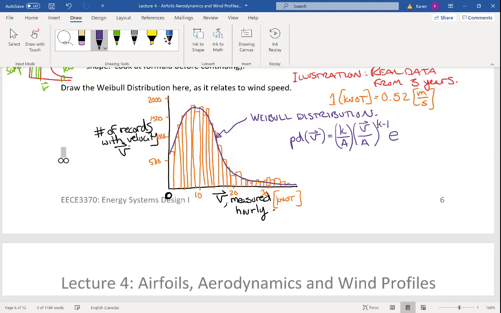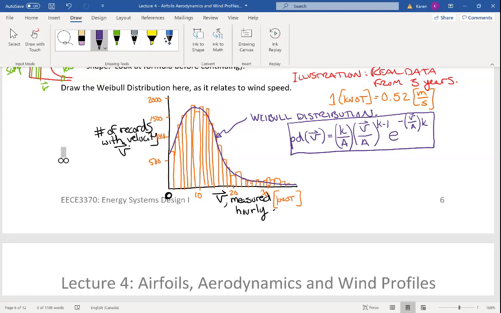Mathematically, e to the negative velocity over the scale factor, times the shape factor. This is the equation you would come up with if you tried to make an equation of that line.